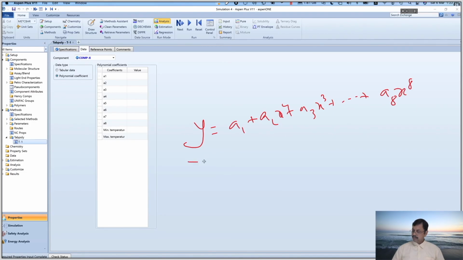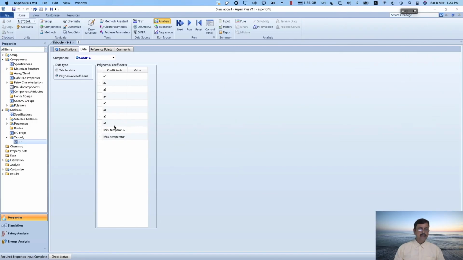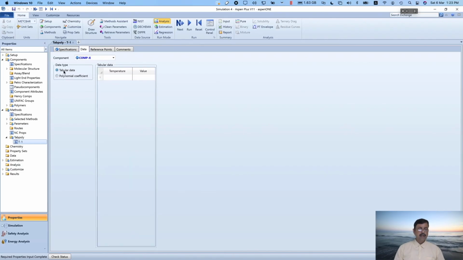So this is the polynomial model. The minimum and maximum temperature for this model is also given. But we do not have polynomial coefficients. So instead we will give tabular data. And once we give the tabular data, Aspen can calculate the polynomial or it can extrapolate.